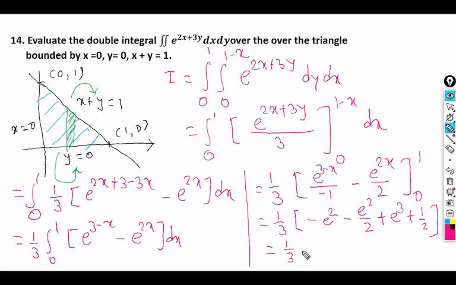So the final answer is minus 3 by 2 e square plus e cube plus 1 by 2. So this is the value of the integral. No need to replace the value of e. You can keep this as the answer: 1 by 3 times minus 3 by 2 e square plus e cube plus 1 by 2. That's one.